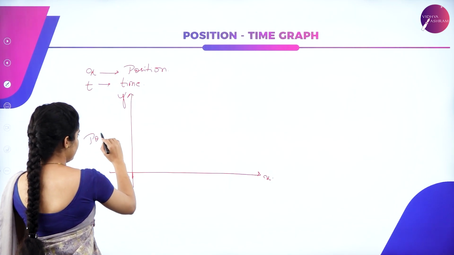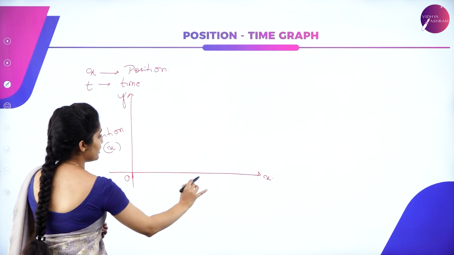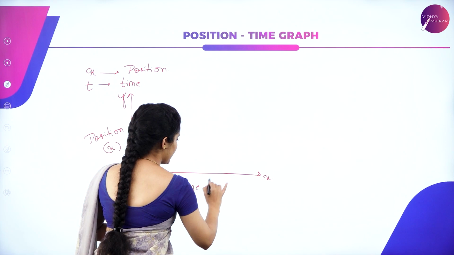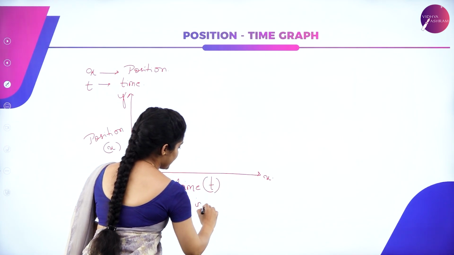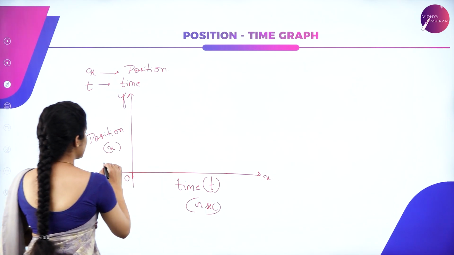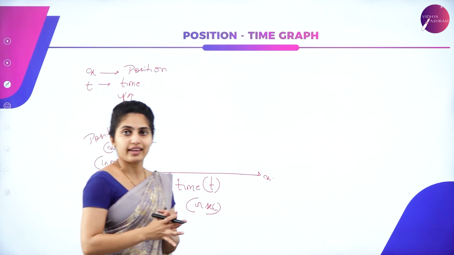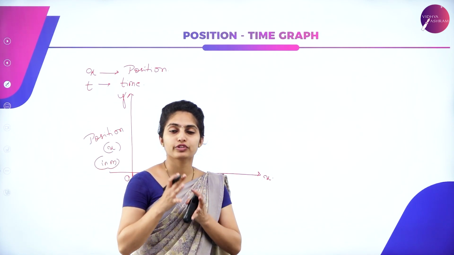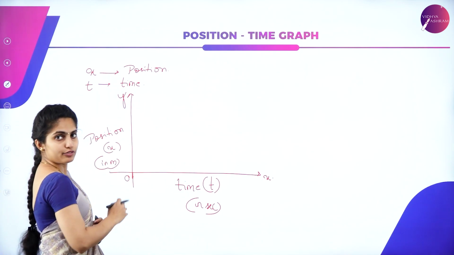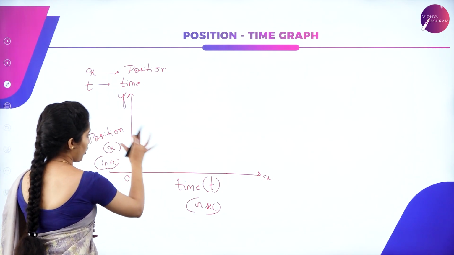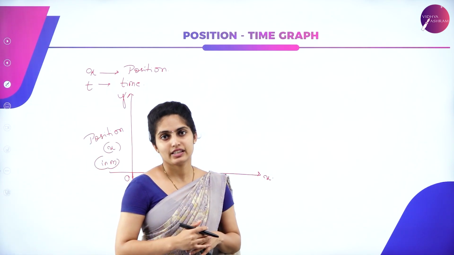Here we plot the position, that is x, in meters, and here we plot the time, that is t, in seconds. This is the general sketch of the graph. You can call it position time graph, position with respect to time, or position versus time graph. All three ways you can explain it.